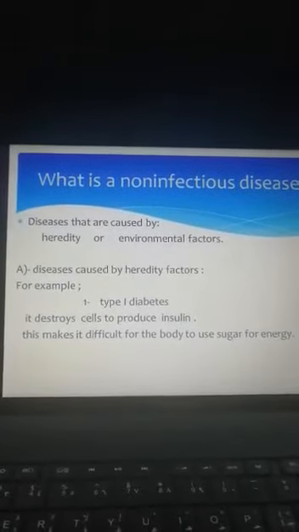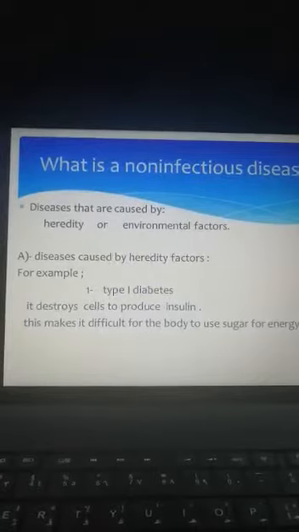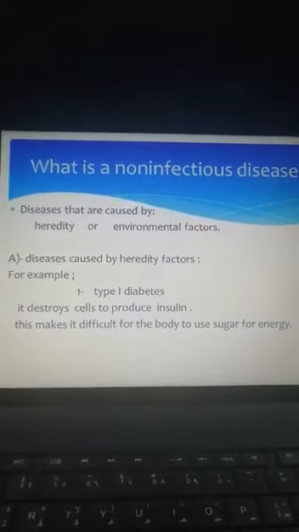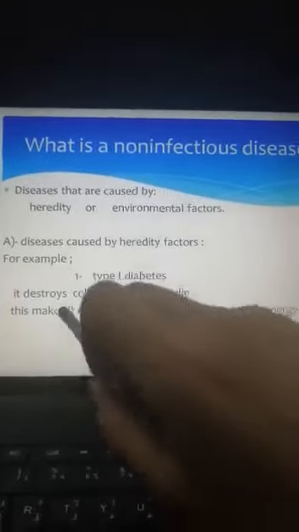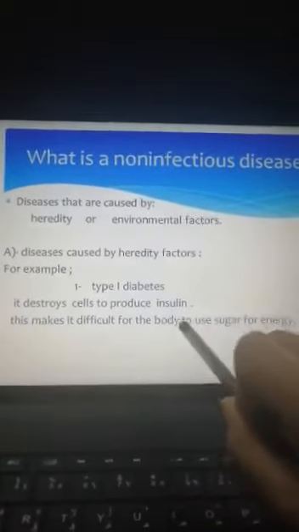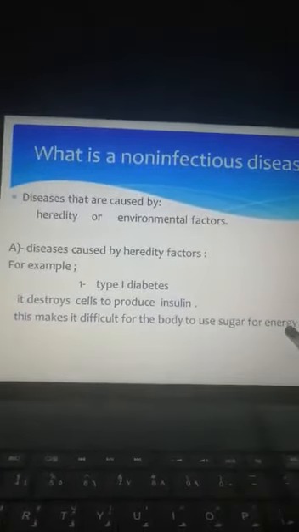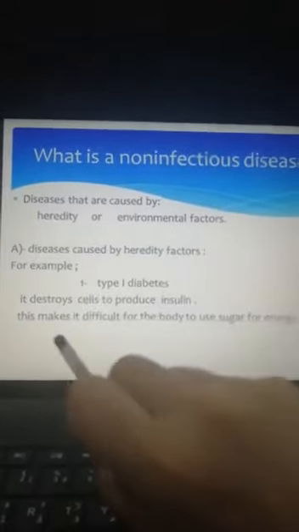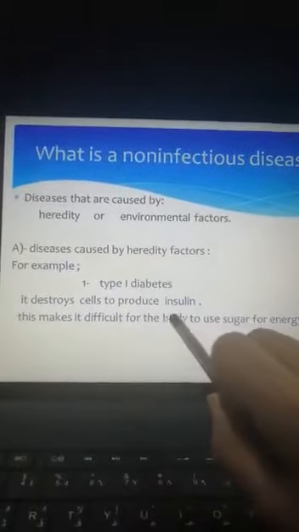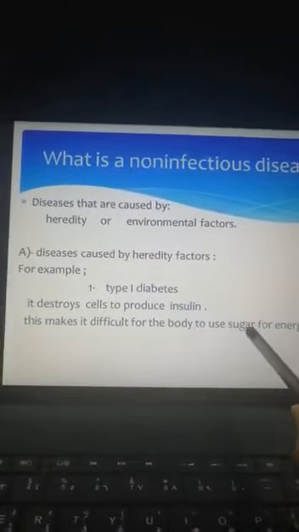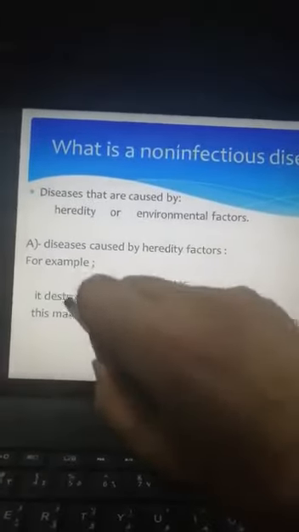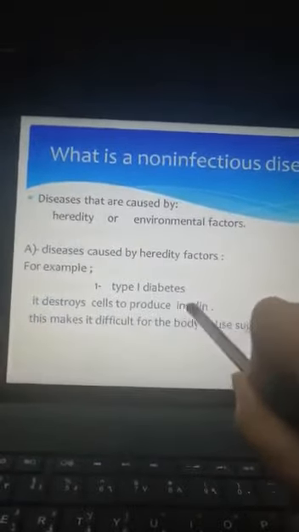Diabetes destroys cells that produce insulin. This makes it difficult for the body to use sugar for energy, because it destroys cells that produce insulin.